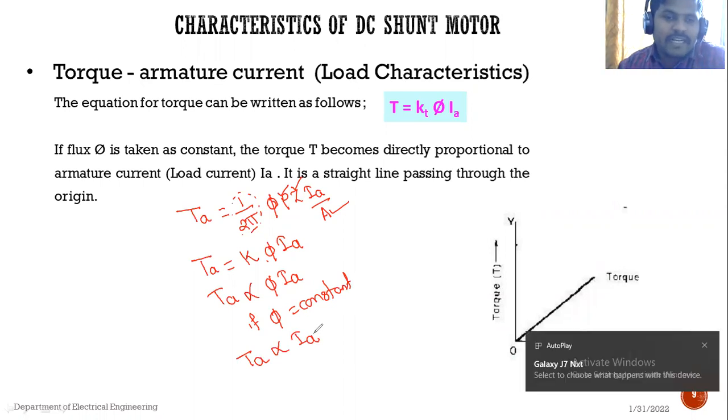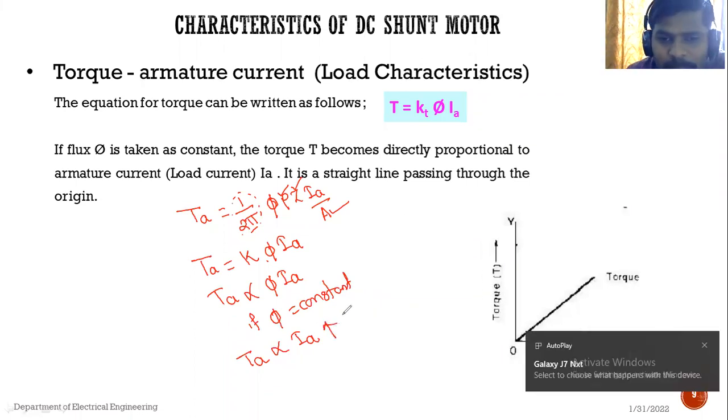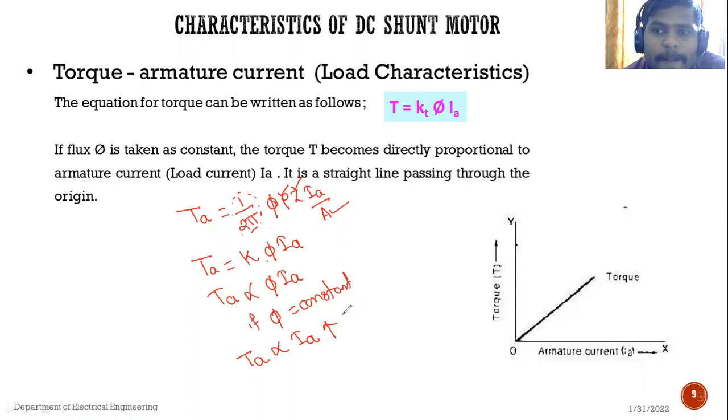See, if the armature current IA increases, what will happen to the torque? Or if the torque increases, what will happen to IA? Increases. IA also increases if the torque increases, or vice versa.